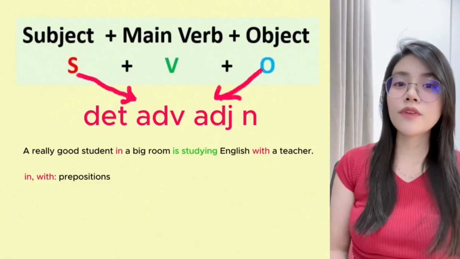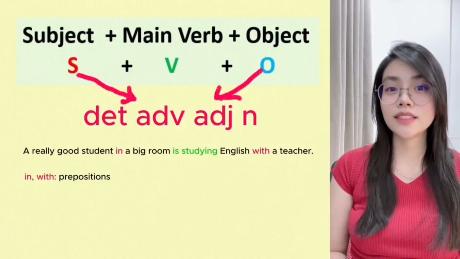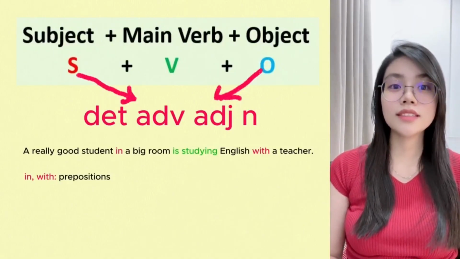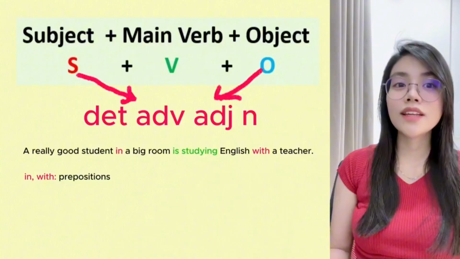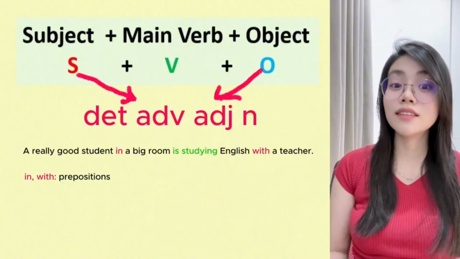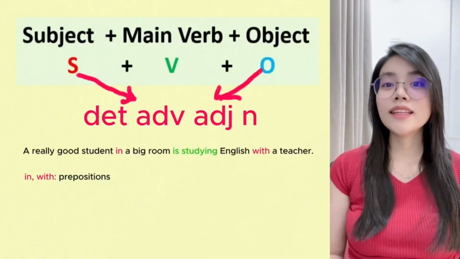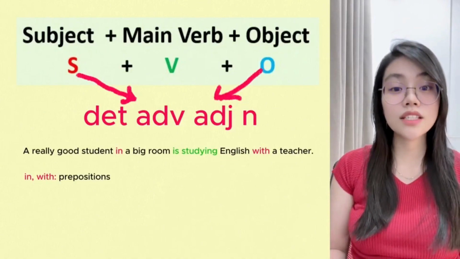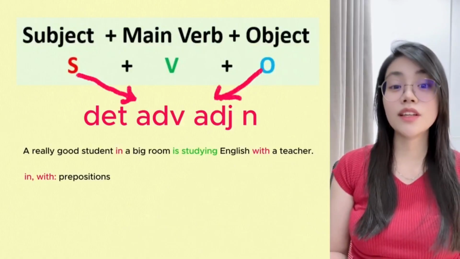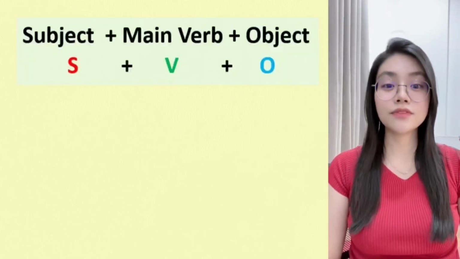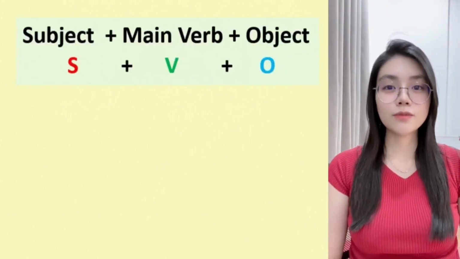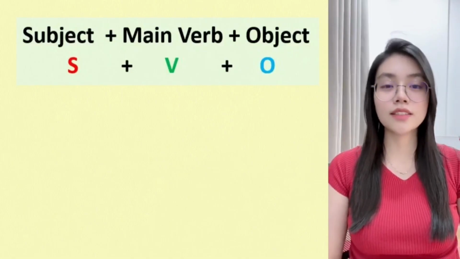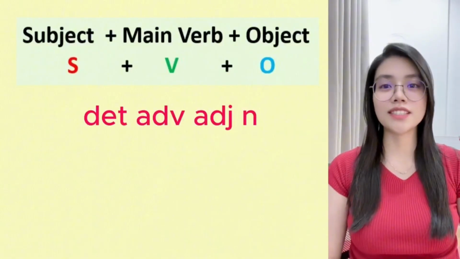The first noun phrase, a really good student, and the second noun phrase, a big room, are connected by the preposition in. And the noun English is connected with a noun phrase, a teacher, by the preposition with. So now we have the general formula for a sentence with one clause. Subject plus verb plus object. The subject and object are noun phrases connected by prepositions.